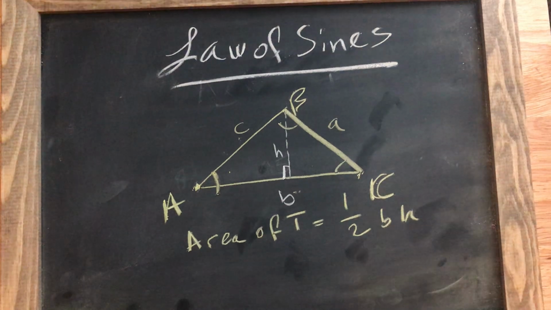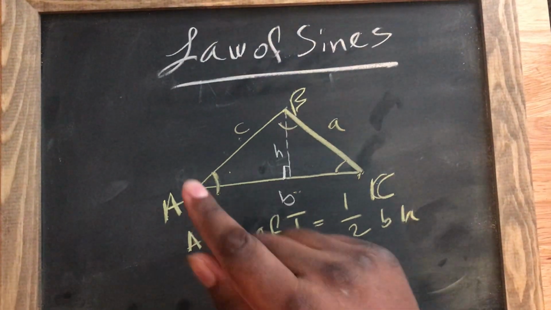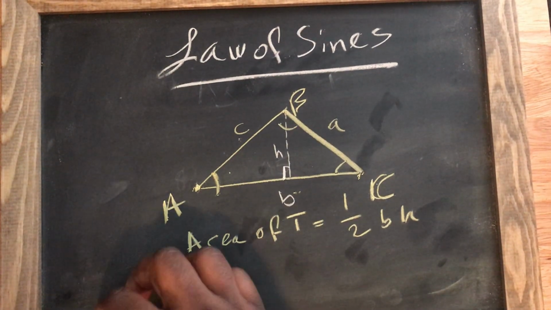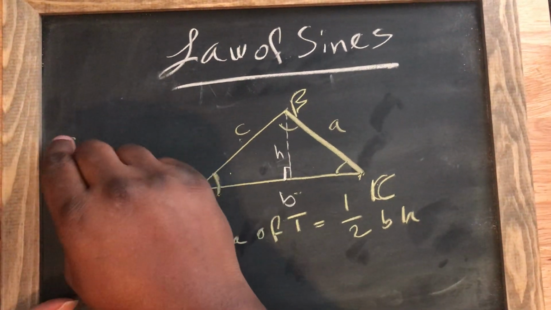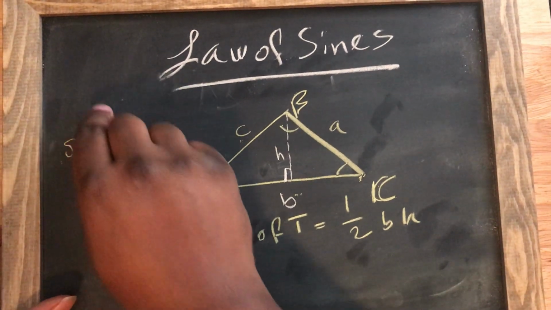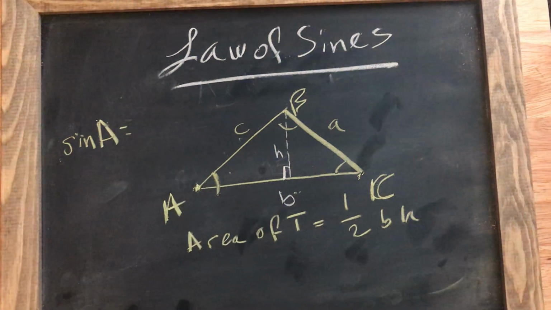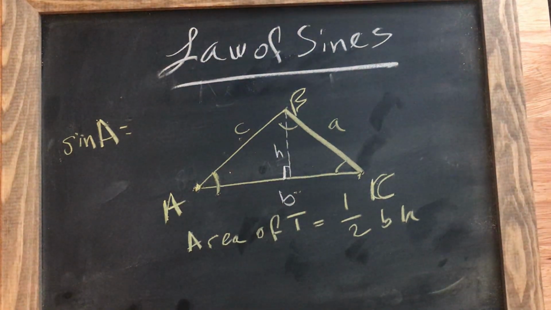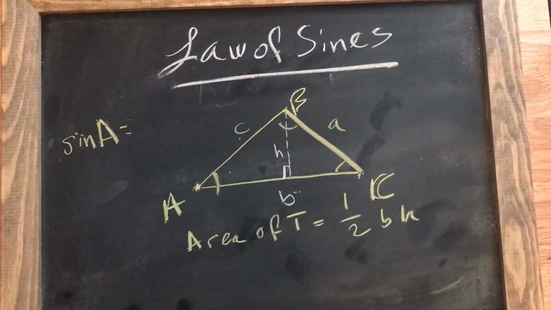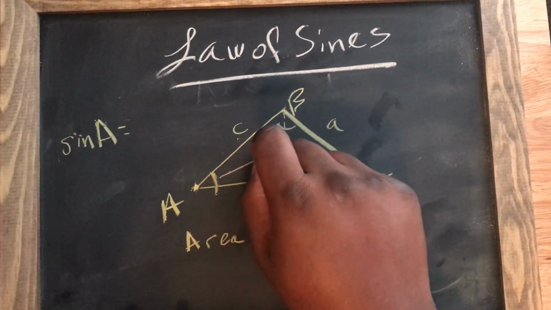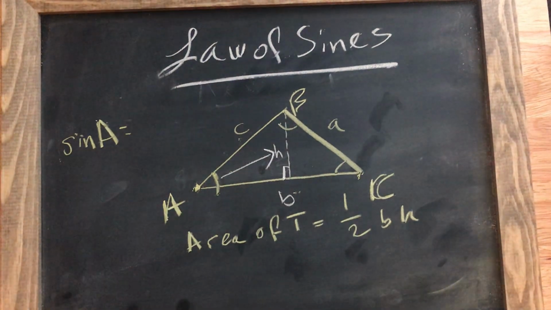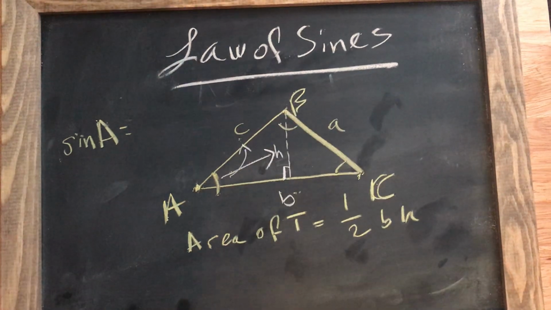So what is sine of A? Well, remember, we know from SOHCAHTOA that sine of A is my opposite side over my hypotenuse.